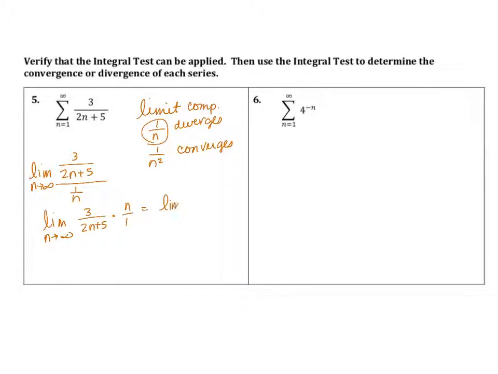Again, I have the limit as n approaches infinity of 3n over 2n plus 5. Notice here we get 3/2, so our limit value is finite and positive. So this will do whatever I compared it to, which diverges. So I can say this diverges by the limit comparison test.